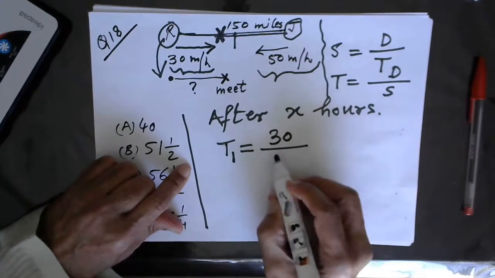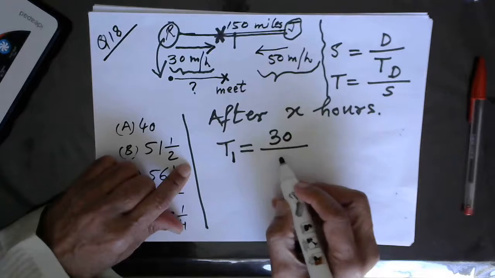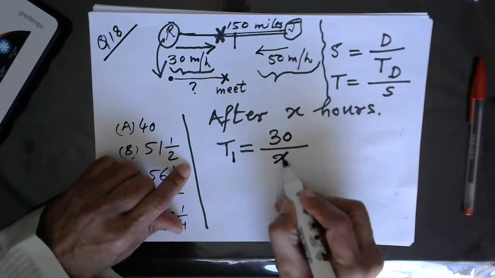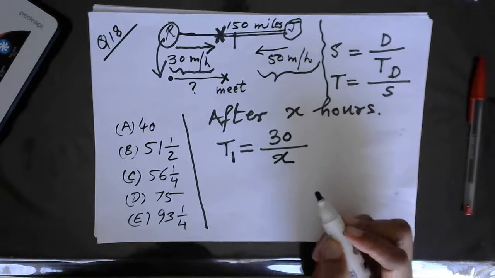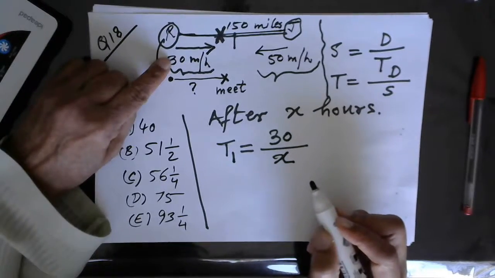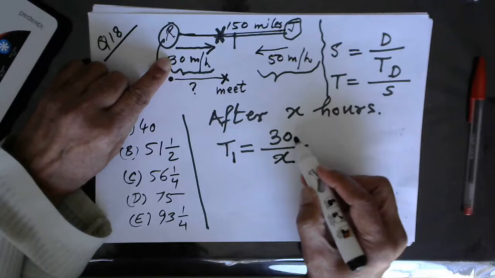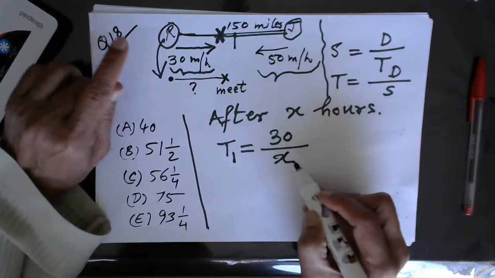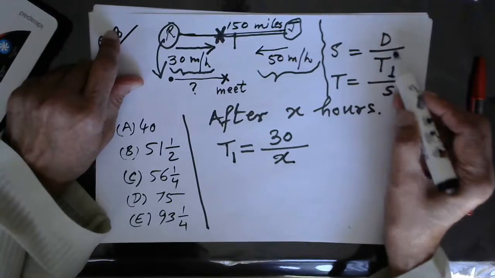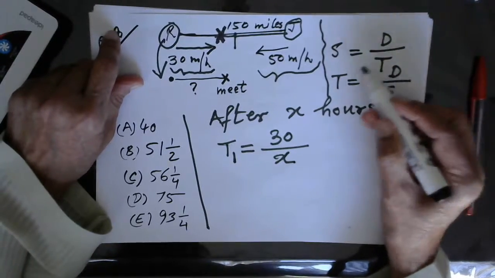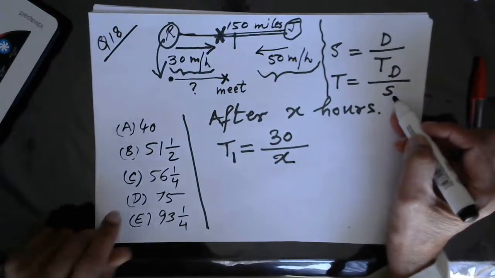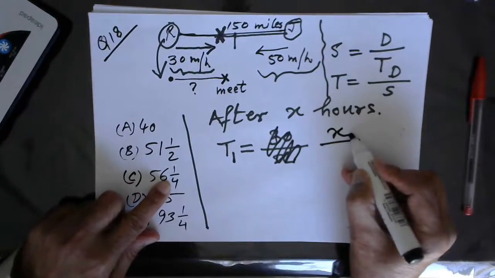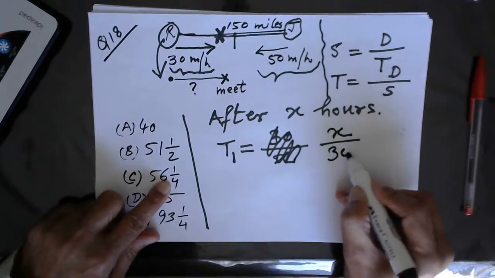Let me say it again. Speed is equal to distance upon time, and time is equal to distance upon speed. So this will be, the distance is x and the speed is 30 miles per hour.